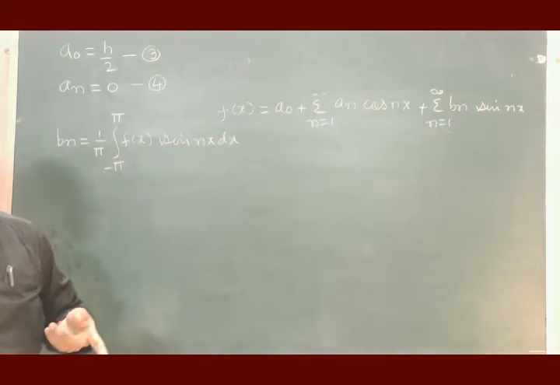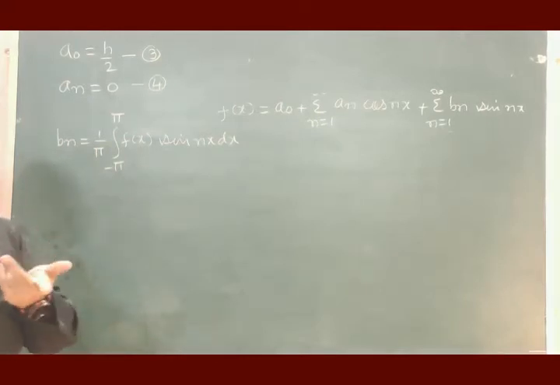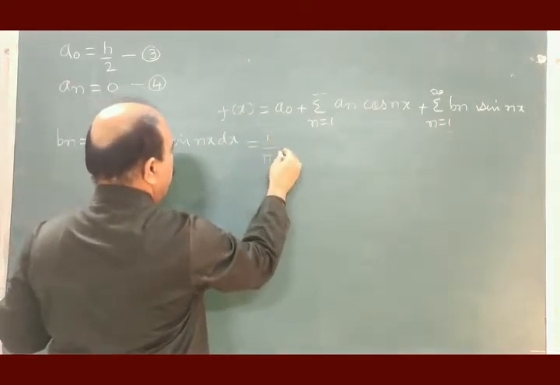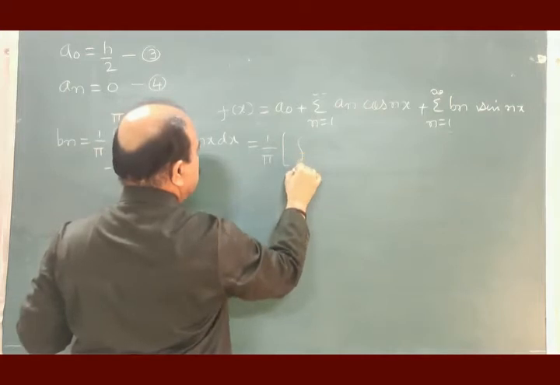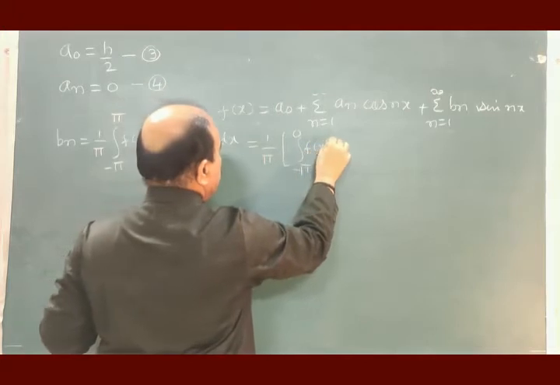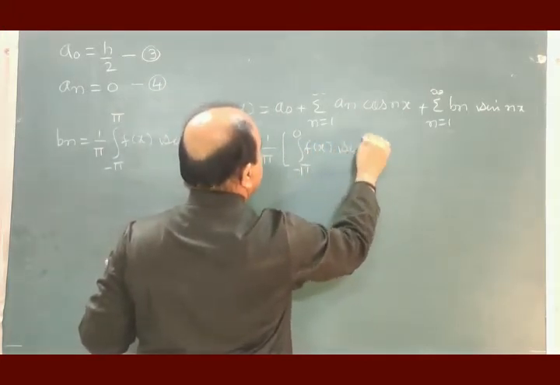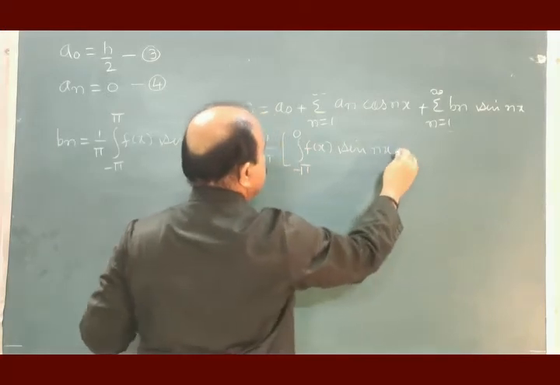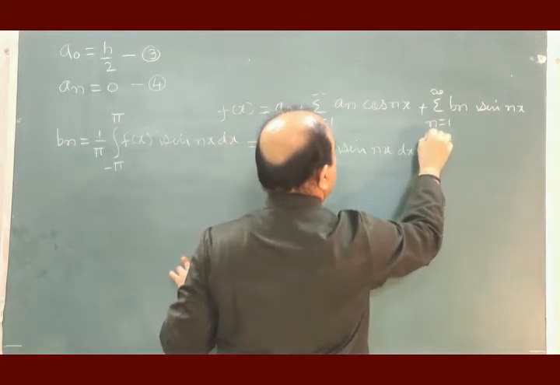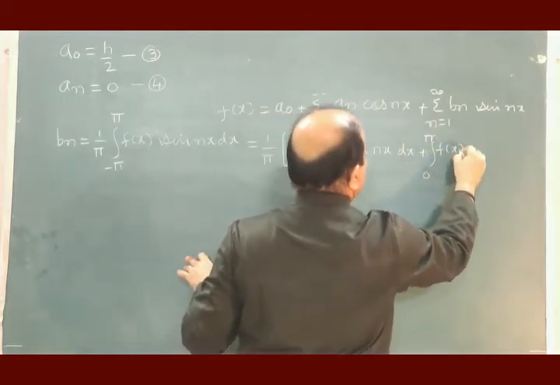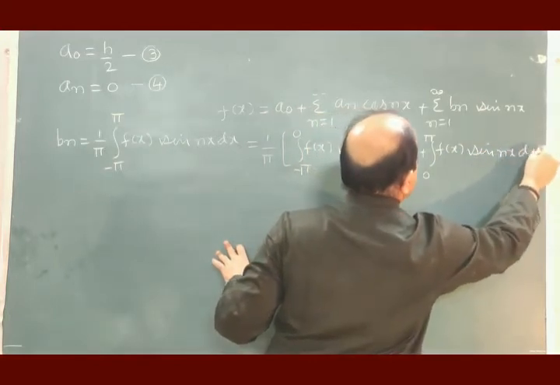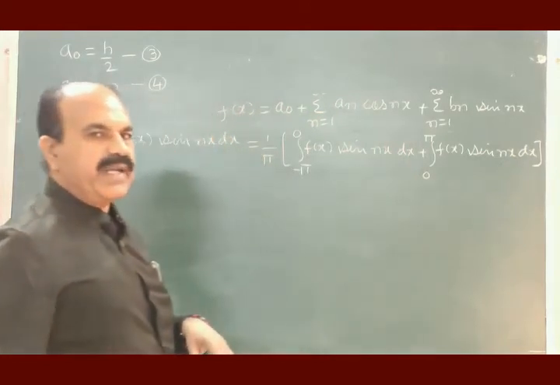Split this into two intervals, minus pi to 0 and 0 to pi, to get 1 divided by pi into, in the square bracket, integration within the limits minus pi to 0 f of x into sin nx dx plus integration over 0 to pi f of x sin nx into dx, square bracket complete.